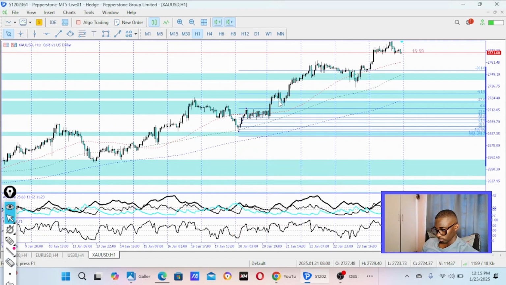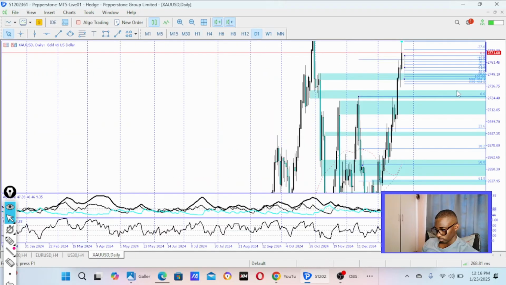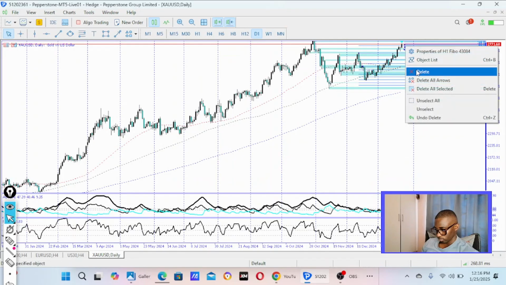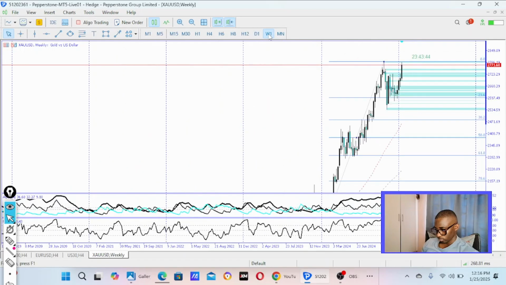As usual, we start analysis from the weekly time frame. From the weekly time frame, you can see that gold is still bullish.